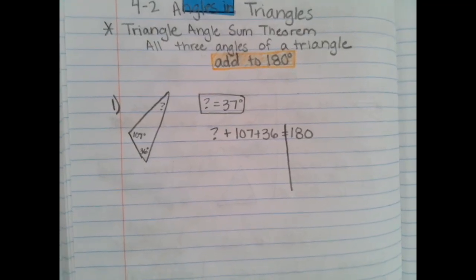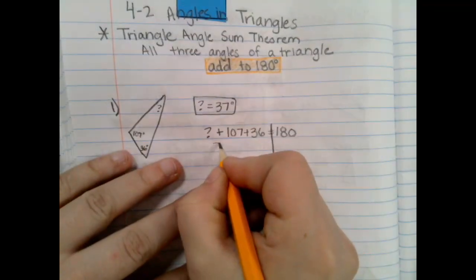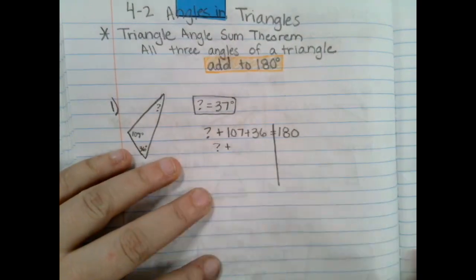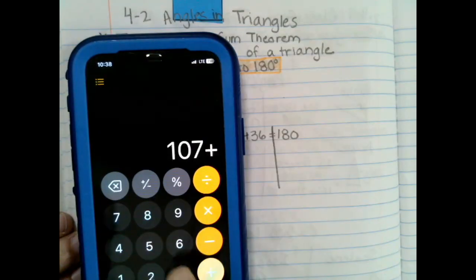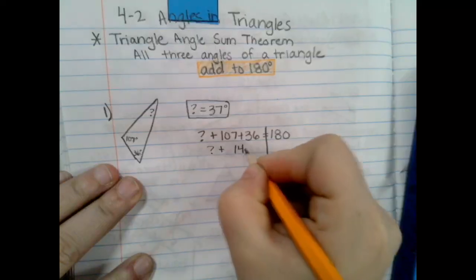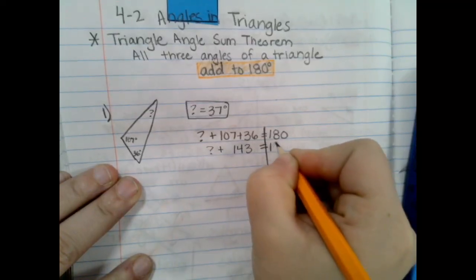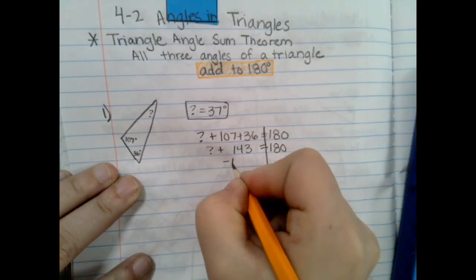Probably not, but that's actually what you're doing. So 107 plus 36 is, I don't remember, 143, good, super smart. 143 equals 180. And then you subtract 143.